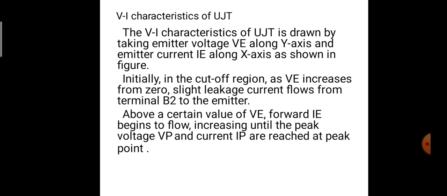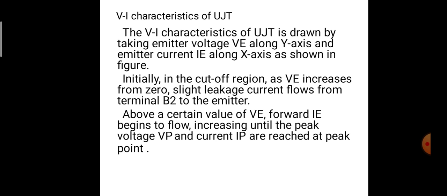The VI characteristics of UJT is drawn by taking emitter voltage VE along the y-axis and emitter current IE along the x-axis as shown in figure. Initially, in the cutoff region, as VE increases from 0, slight leakage current flows from terminal B2 to emitter.